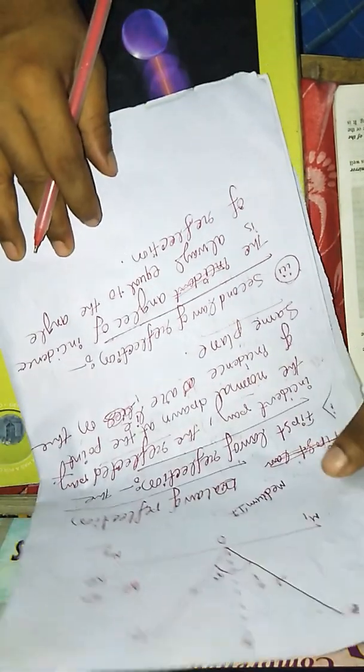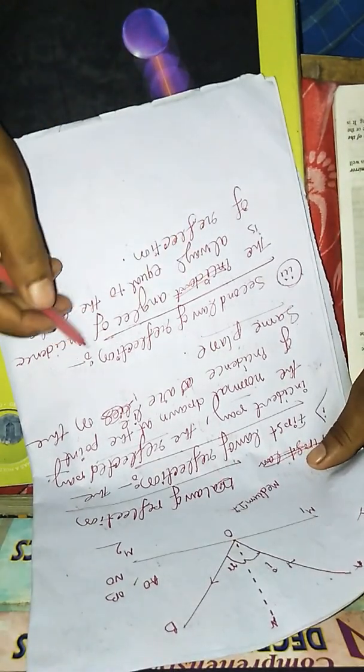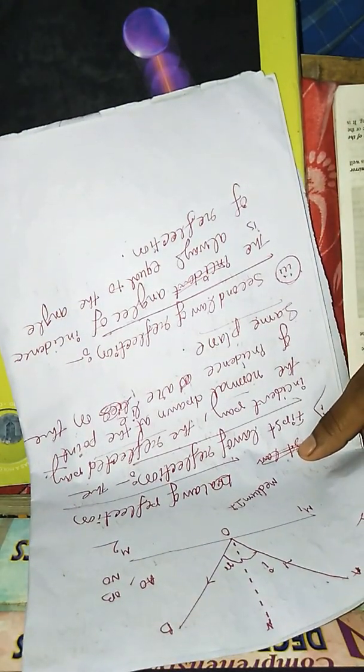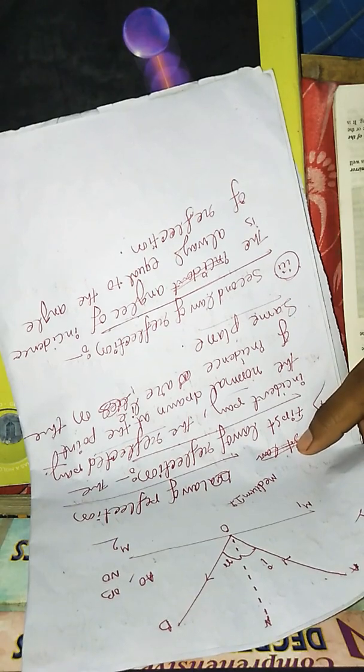Okay, let's see what the second law of reflection says. The second law of reflection says that the angle of incidence is always equal to the angle of reflection.